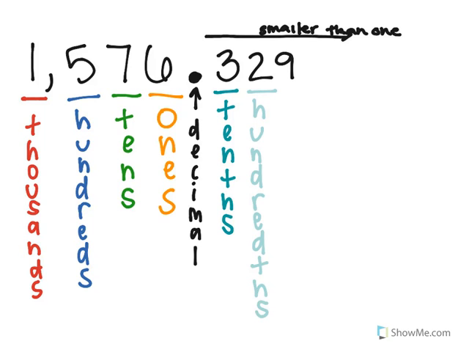And the last one, right here, I want you to figure out if you can think what it is. It would be the thousandths. And you spell it out, thousand, add a THS.